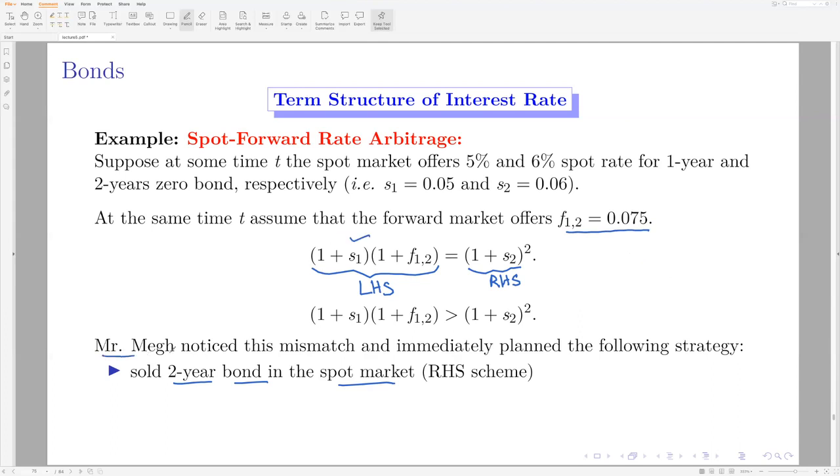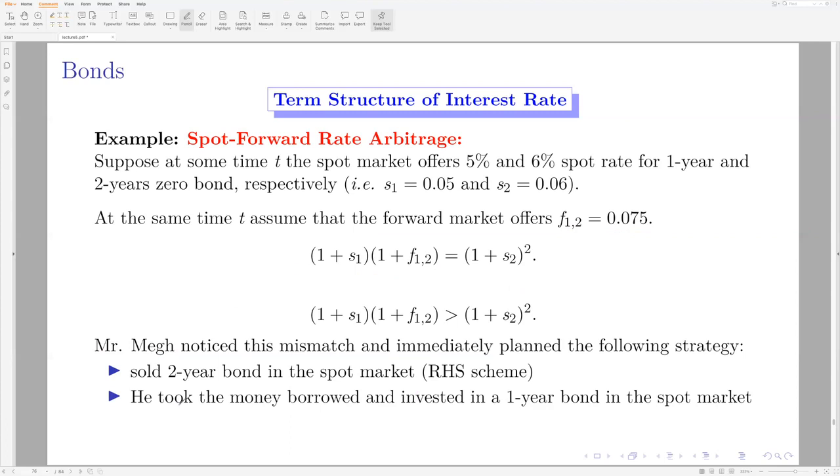What our friend Meg did is that he sold the RHS scheme. Remember, you can short in the market. It means equivalent to borrowing money from the RHS scheme. In other words, he shorted the bond in the RHS scheme, he sold the 2-year bond without having it in hand. And then he went for the LHS scheme.